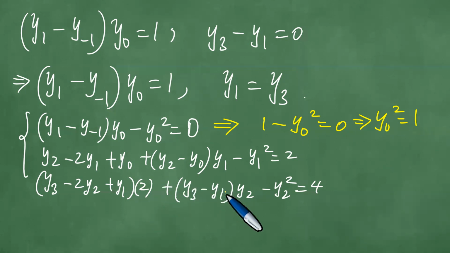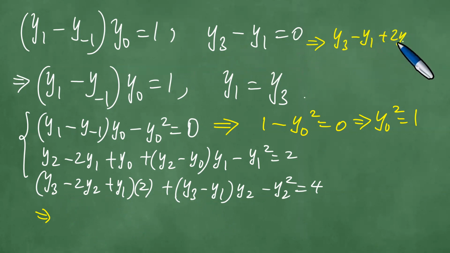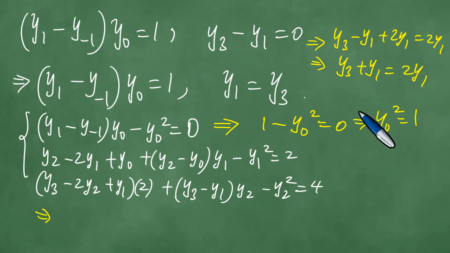But also here, this one being 0, it would imply for the bottommost equation for y3 minus y1. But this one is y3 plus y1. What is y3 plus y1? So this one means that you have y3 minus y1 plus 2y1 equals 2y1. And this means that y3 plus y1 is 2y1.